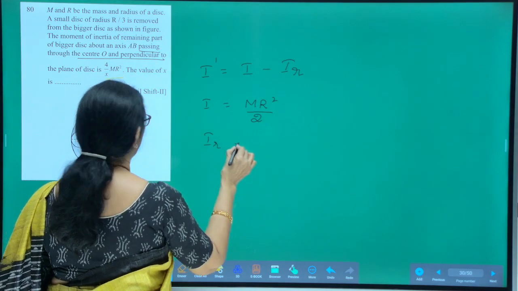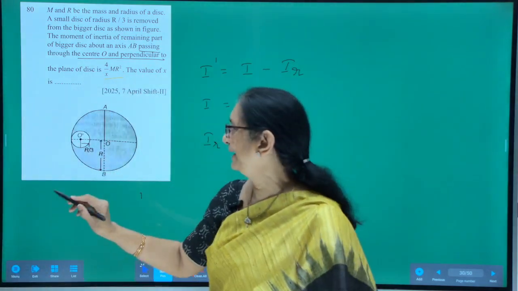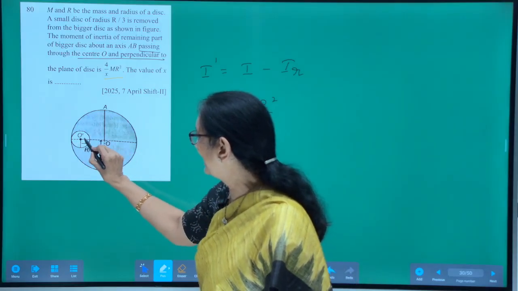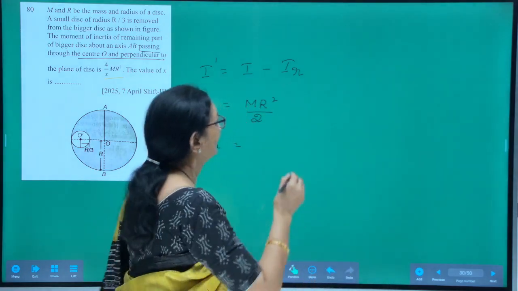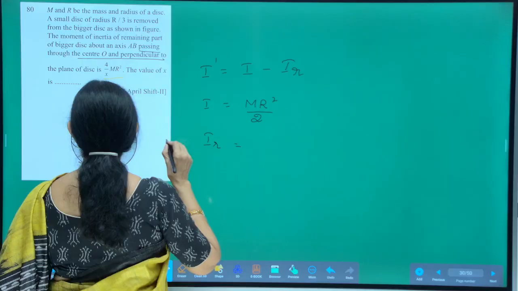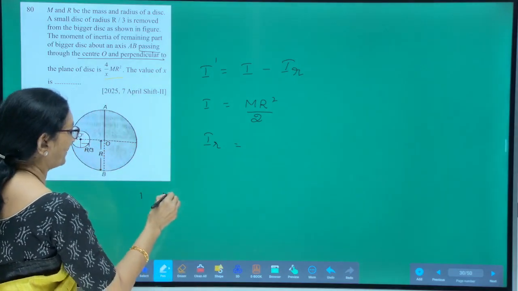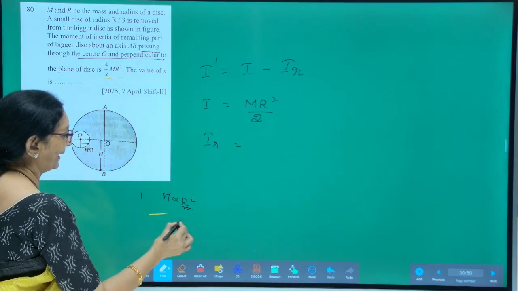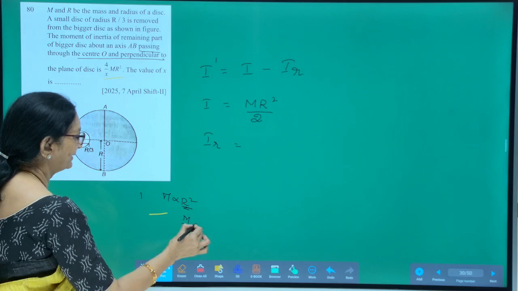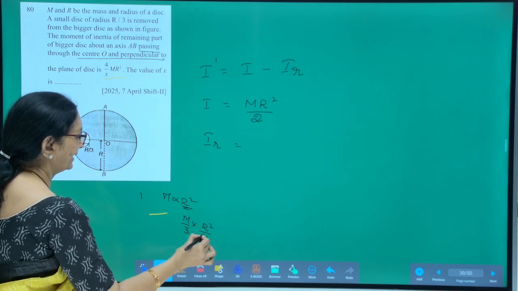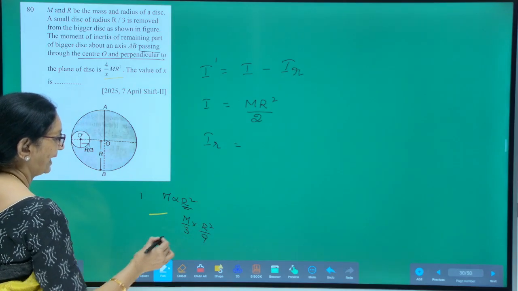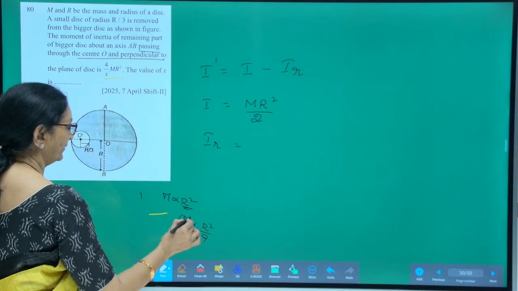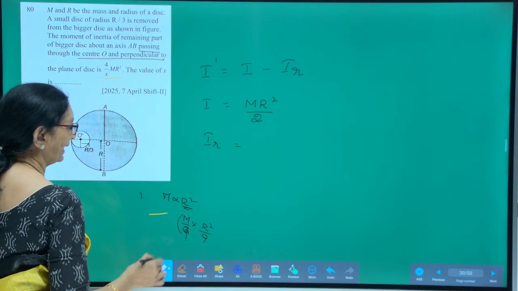Moment of inertia of the removed part is, look here, we need to find its moment of inertia about this axis, Ig plus mr square. See here, Ig, mass of this part, as mass is proportional to r square, as radius is r by 3, mass is m by 3, r by 3 whole square is r square by 9. So it becomes mass proportional to r square, m by 9.